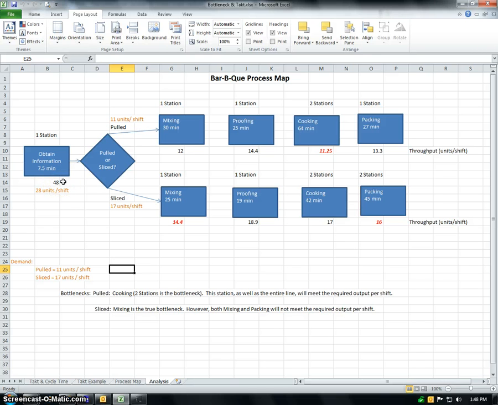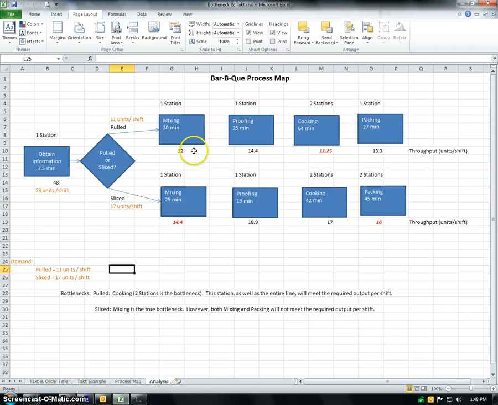So we're good there. And then the orders split up here, and from data that the customer supplied us, of these 28 units per shift that's coming through, 11 units are pulled meat, 17 units are sliced meat. So we need 11 units per shift through each of these 4 pulled workstations, and we need 7 units per shift through each of these 4 sliced workstations.